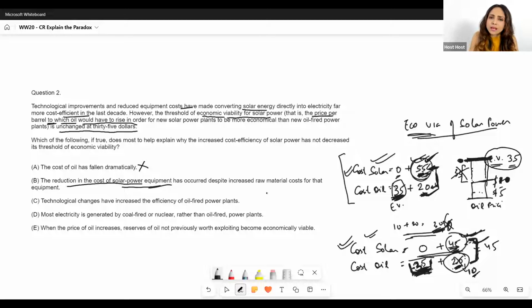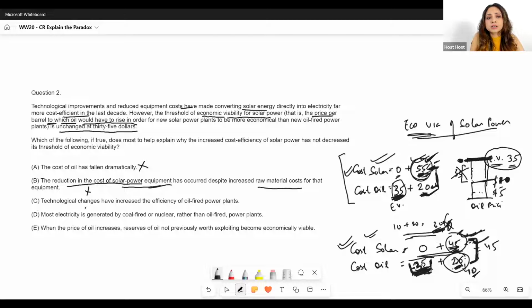We don't care what happened to the raw material cost and how that still caused a reduction. We just know that this 55 has gone down to 45, whatever happened.